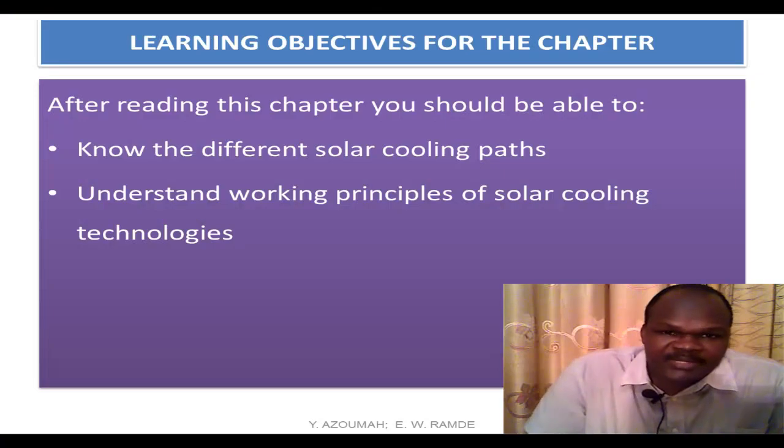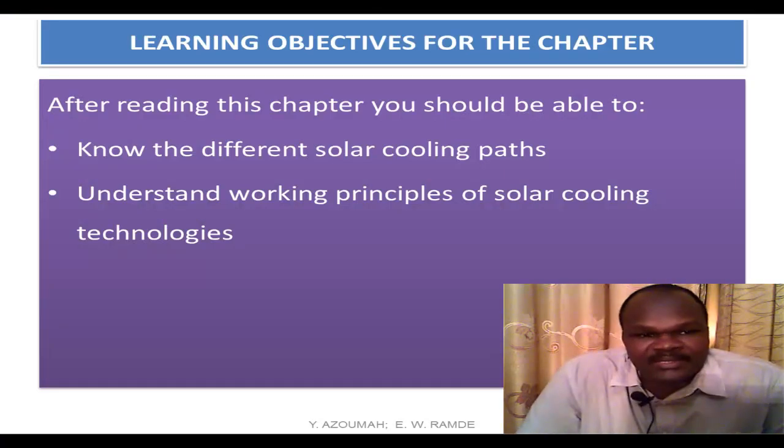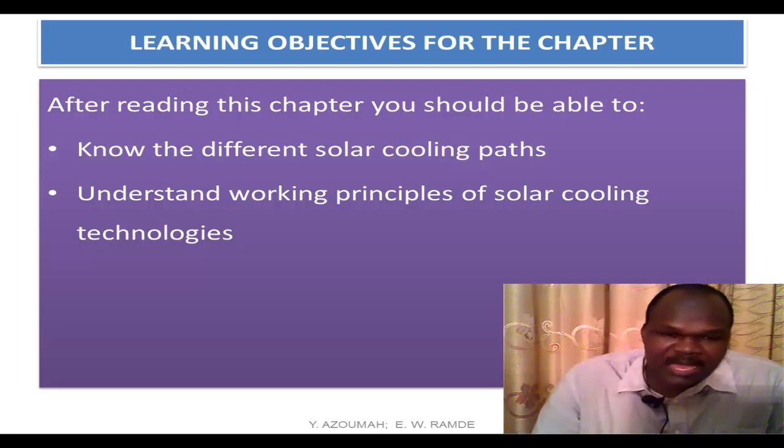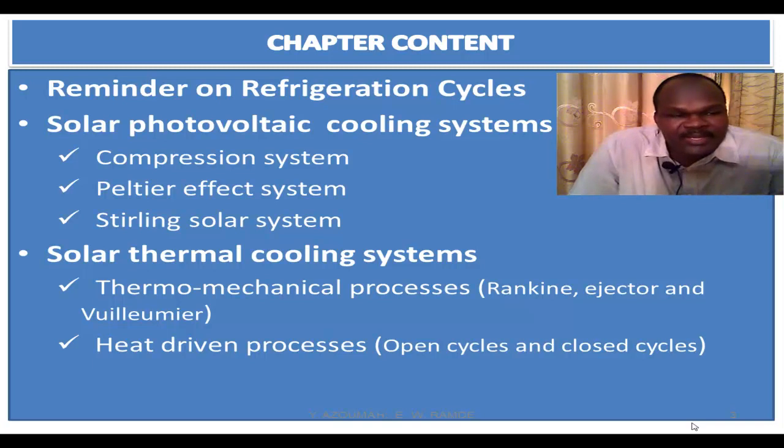The objectives of this chapter are, number one, to know the different solar cooling paths, the possibilities, and number two, to understand the working principle of solar cooling technologies. The outline of the chapter will be, number one, a few reminders on refrigeration cycles.